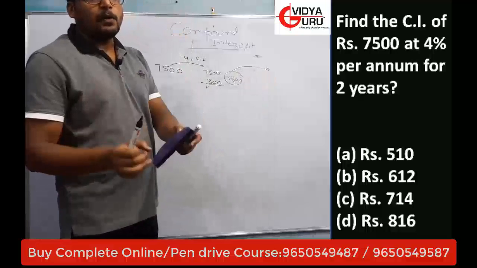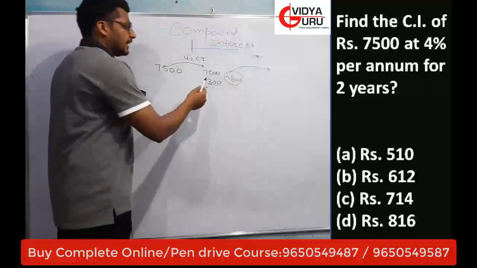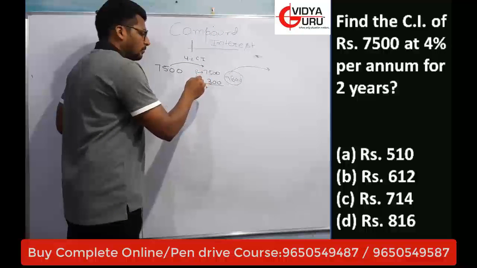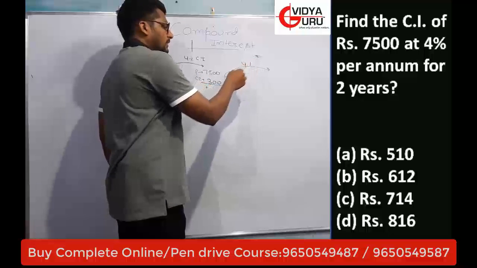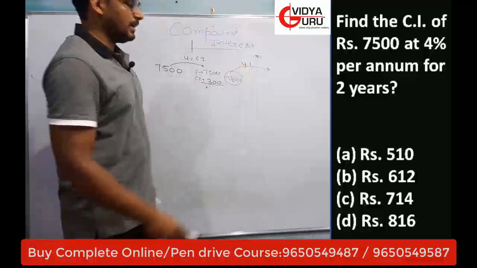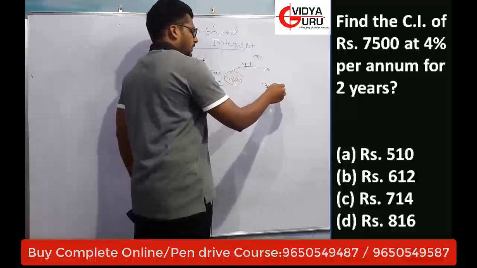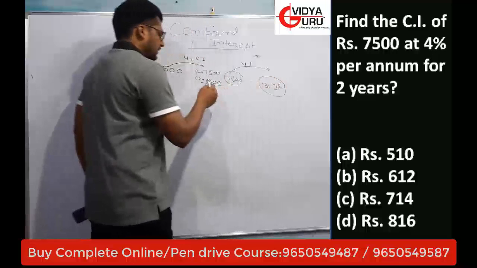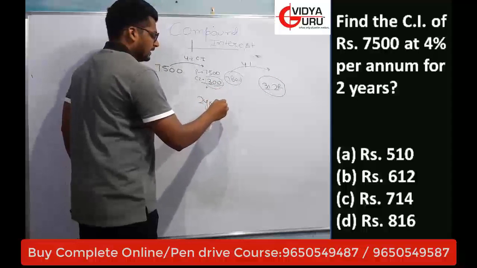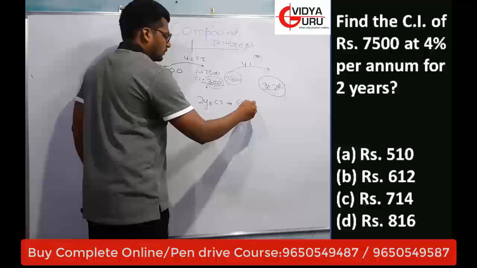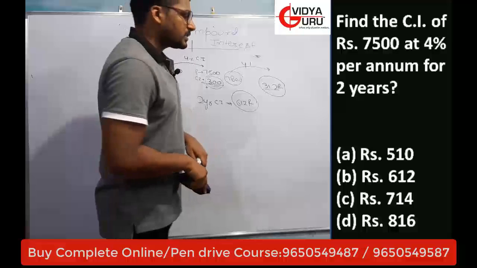That means compound interest is calculated on every year's outstanding amount. Outstanding amount means we add the interest to the principal. Now I'll get 4% on this amount. Its 1% will be 78 and 4% will be 4 times 78, which is 312 rupees. We get 300 interest here and 312 here. Then the 2-year CI will be 612 rupees.